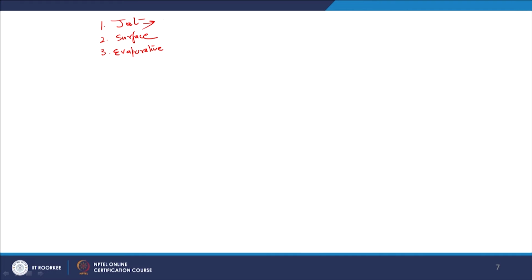So, in jet condensers there is a direct contact of coolant and the steam which is coming from the turbine. So, in jet condenser we will talk about the low level jet condenser.